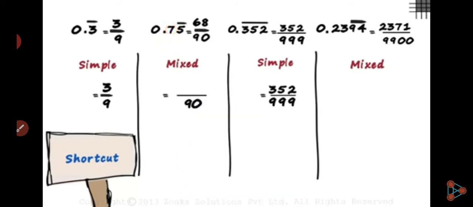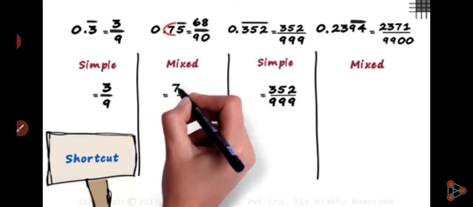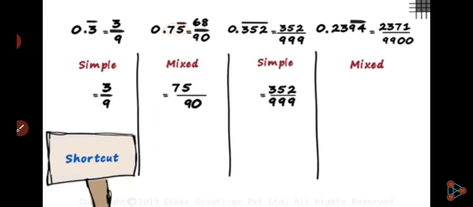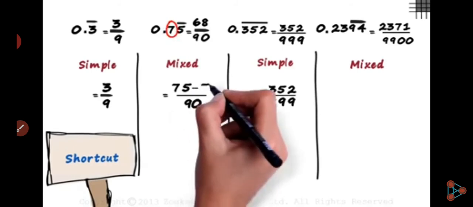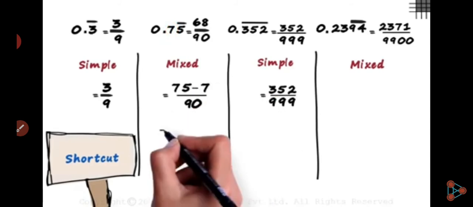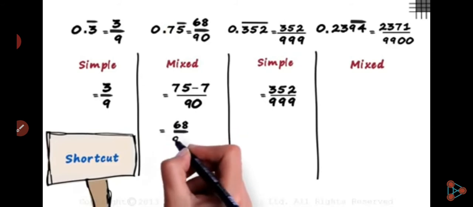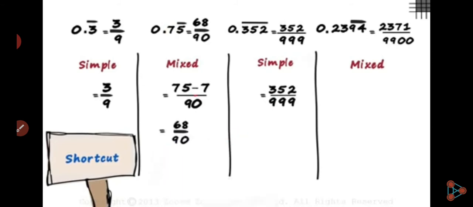Here 1 digit is non-repeating, so you write 90: 1 digit is repeating and 1 digit is non-repeating. Now write 75 minus the non-repeating digit, so minus 7. So you get 68/90. Understand? Now see, 7 is non-repeating, so you subtract it from 75.